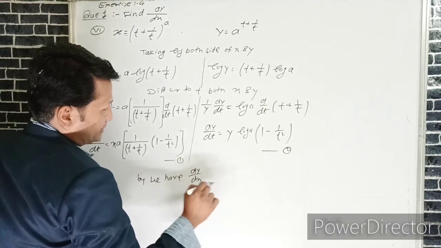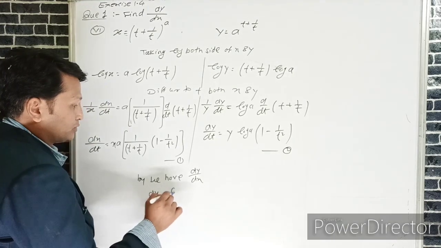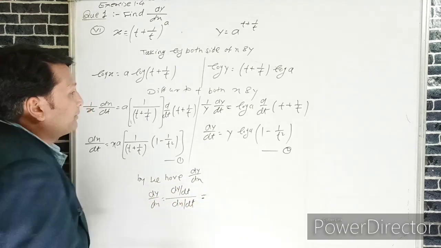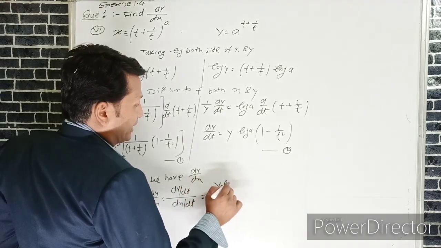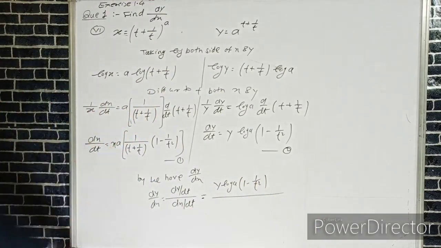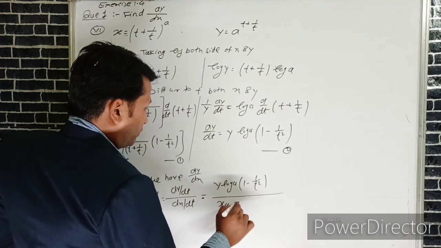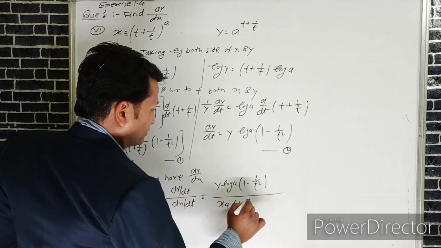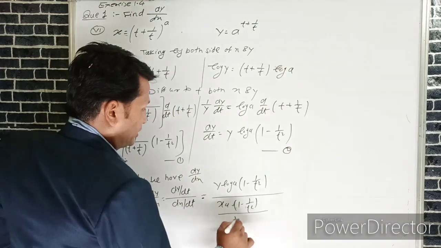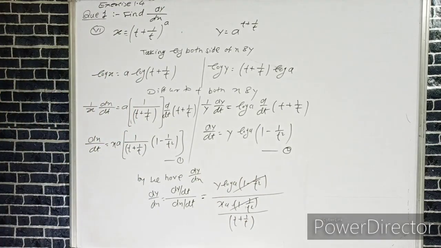That is, dy/dx = (dy/dt) upon (dx/dt). Here dy/dt is y log a (1 minus 1 upon t square), upon x into a (1 minus 1 upon t square) upon (t + 1/t). Here the (1 minus 1 upon t square) terms cancel.